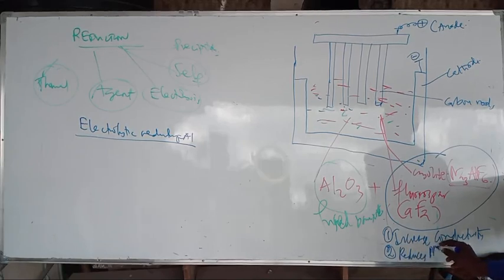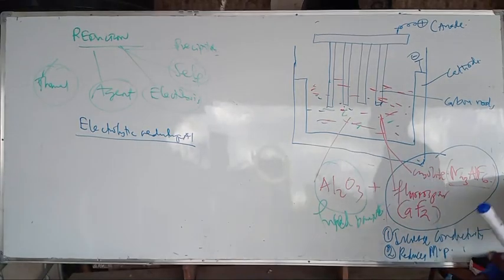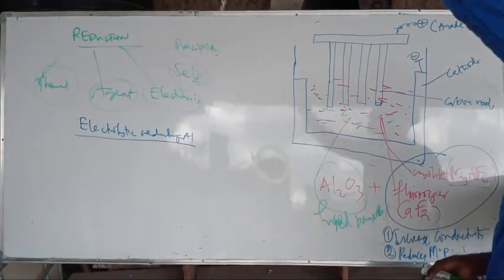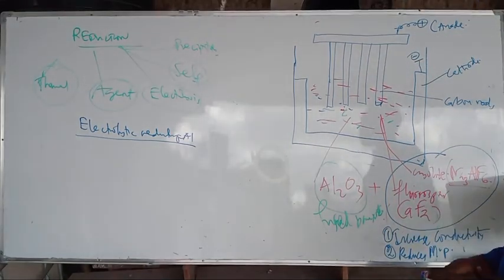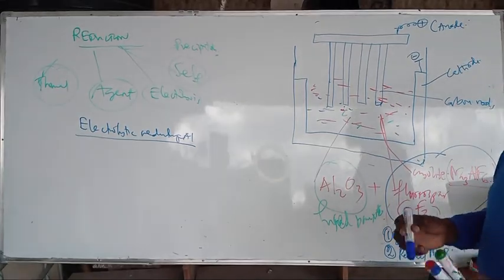So this mixture of cryolite and fluorspar has two functions: to reduce the melting point and to increase the conductivity. Okay, so what happens here, we need to write.